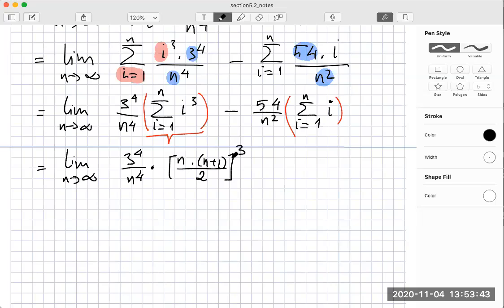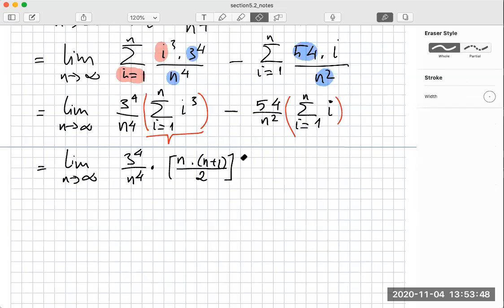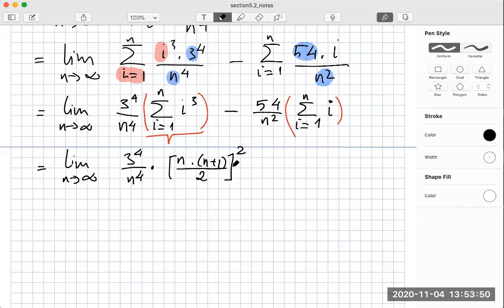Okay. Oh, square, thank you. Thank you, Michael. Good catch. And the second guy here, sigma from I is equal to 1 up to n. What is it? Perfect. So, is it good?